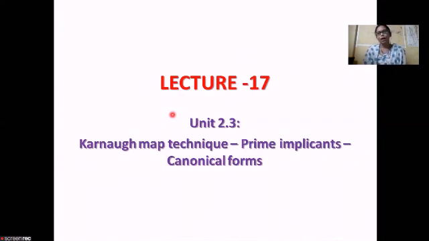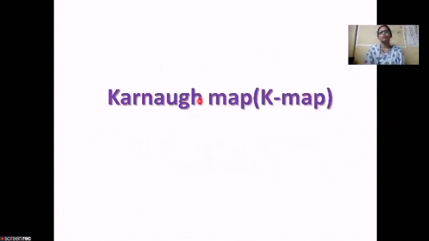Now see, we can apply the Boolean algebra for minimizing. Now we will be seeing how we can apply this minimization or the mapping techniques in the case of the K-map for minimizing. Now let us start lecture number 17. That is, we will be starting Carnot map.